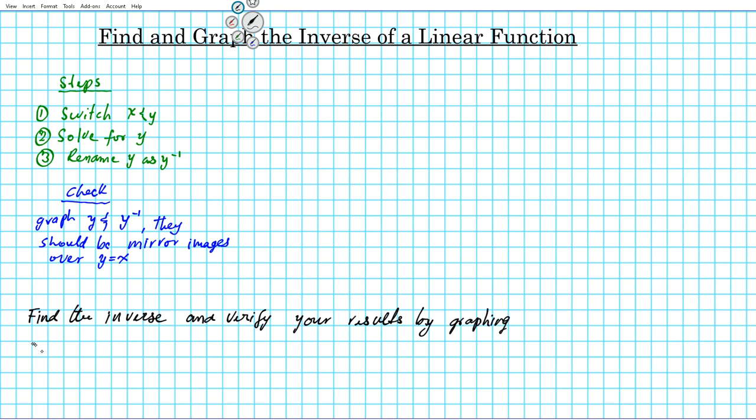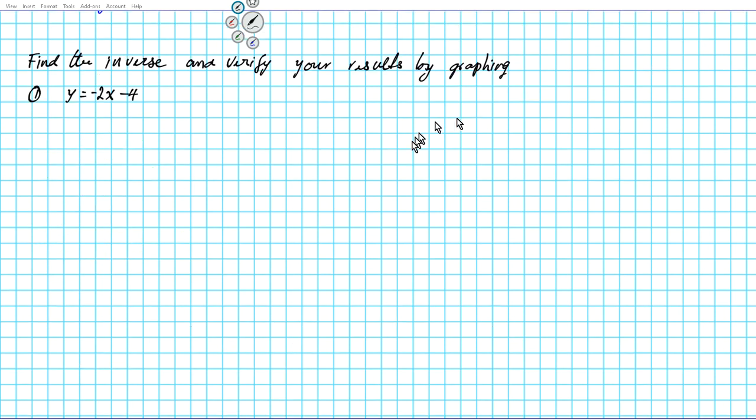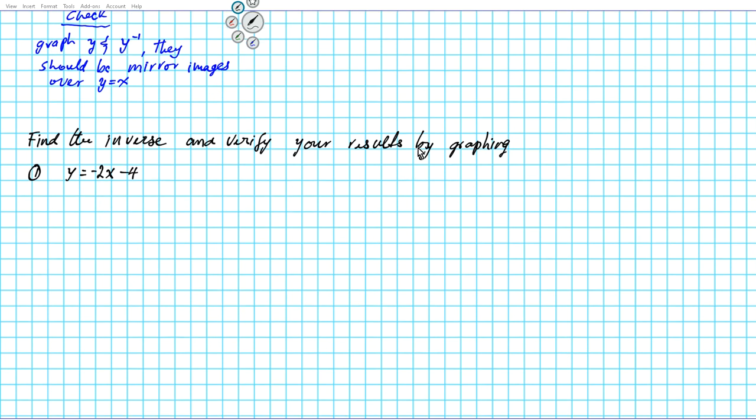So let's say number 1, we have y equals negative 2x minus 4. We're going to be applying the steps we just went over to find the inverse. So the solution is as follows. We have the original function, y equals negative 2x minus 4.